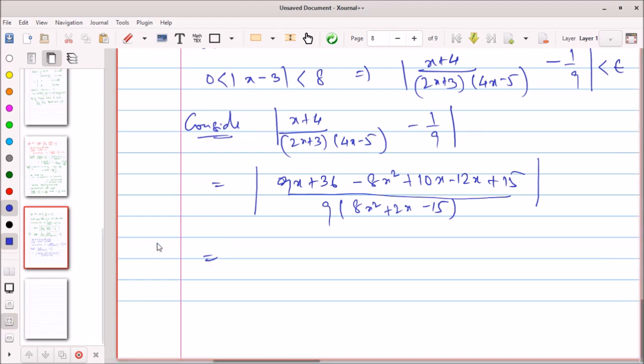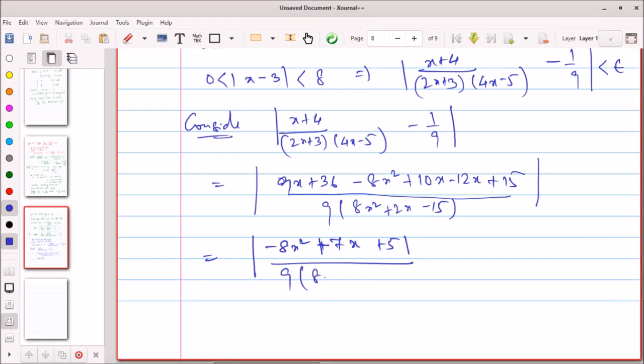If I simplify it, I will get (-8x^2 + 7x + 51) upon 9 times (8x^2 + 2x - 15).